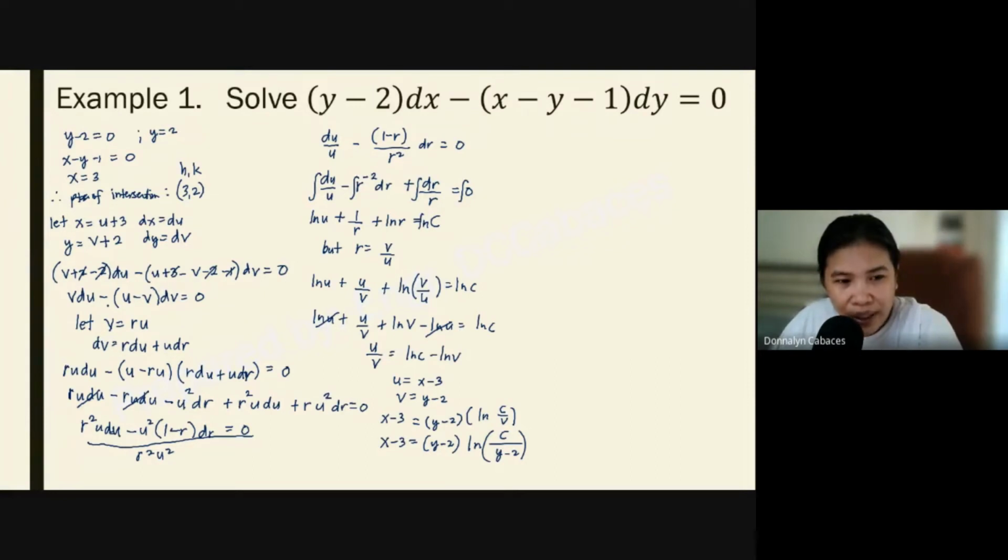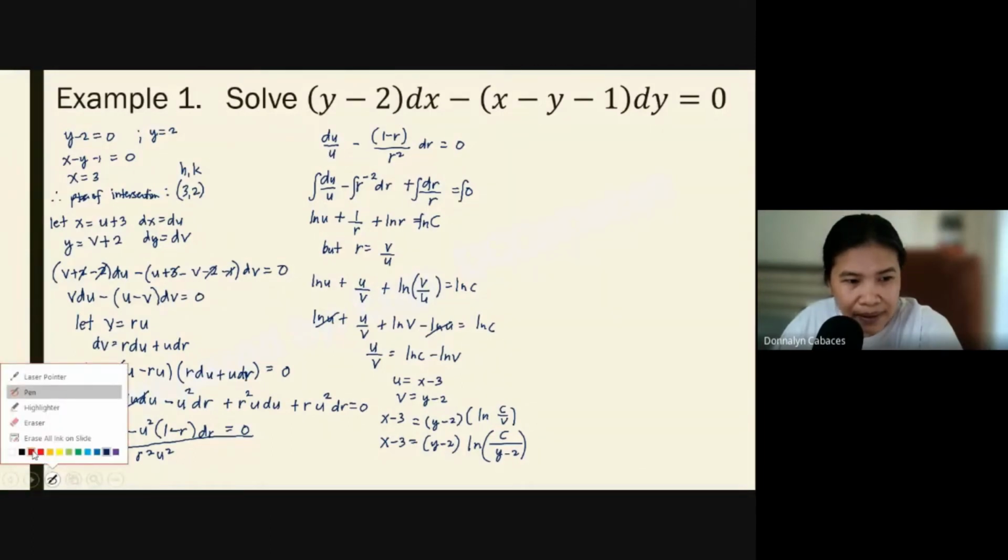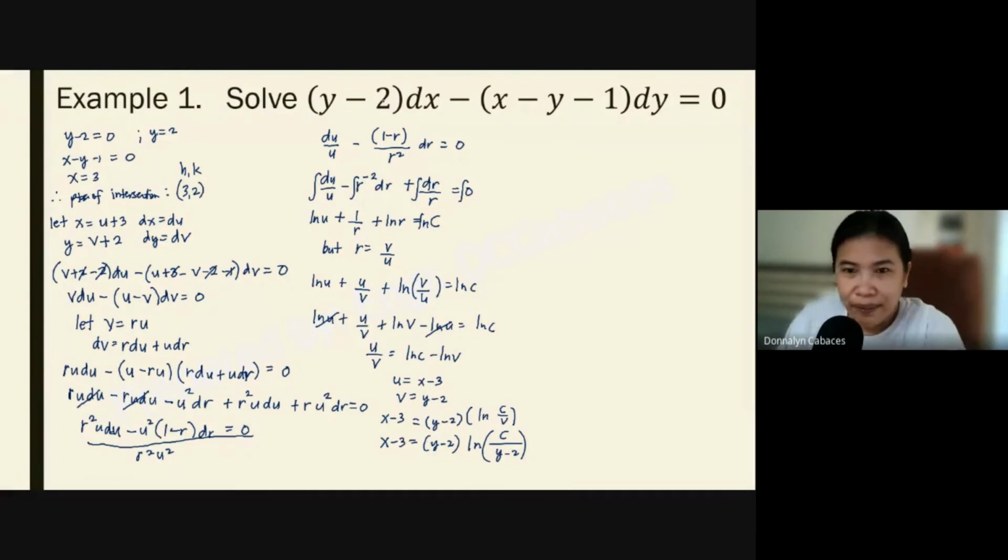Can you identify another form of DE for this differential equation, our v du minus the quantity u minus v dv equals 0?